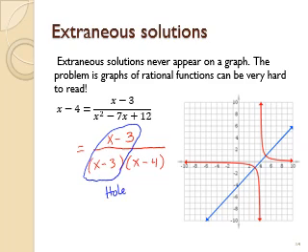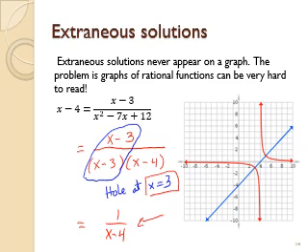You have a hole at 3, and your graph looks like that. So your graph looks like 1 over x minus 4, but you have a hole at 3. And so when you're looking at this graph, you think you're seeing a point of intersection, but right here is a hole. So where you think you see the graphs crossing, they're actually not crossing because the red graph doesn't exist at 3.